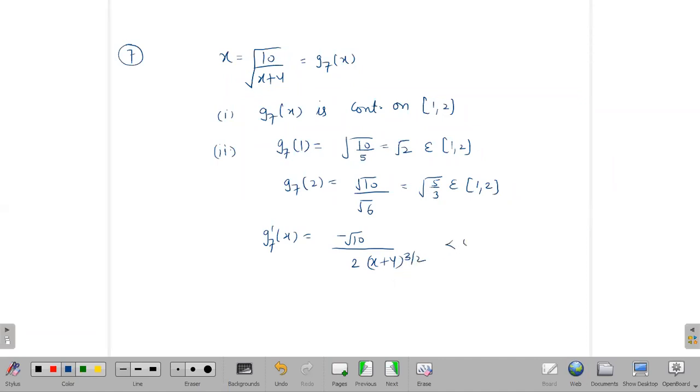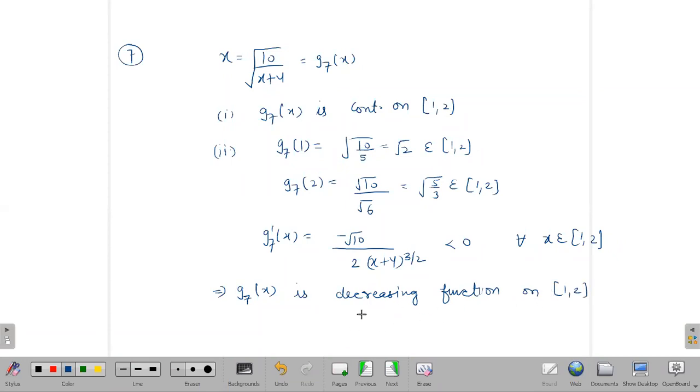So this is negative overall on this interval. If the derivative of any function is negative, then this function is a decreasing function on [1, 2].